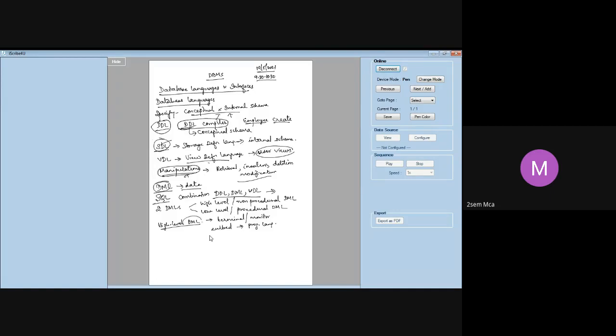I can embed my DML statements. So high-level DML or non-procedural DML means what? Either you can enter the DML commands through the terminal or the monitor, like we do in SQL. That's why it is a high-level language or a high-level DML. SQL is, because we are able to enter the commands through the terminal or the monitor.